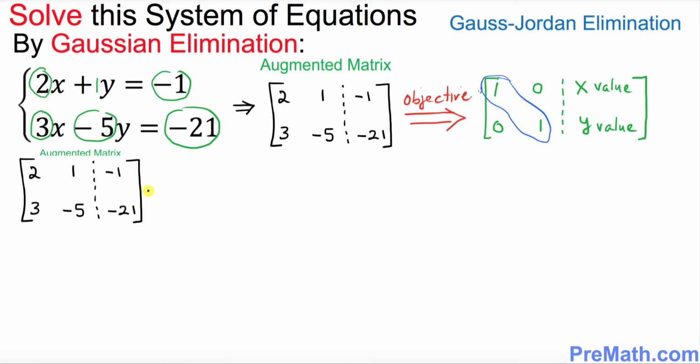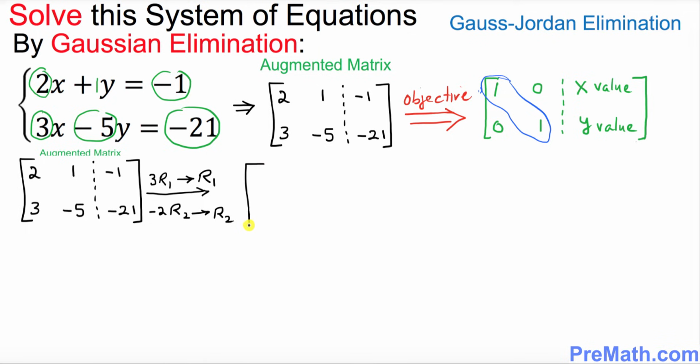To achieve that goal, we're going to perform some operations. The very first operation is, I'm going to multiply the first row, the top row number 1, by 3 and put it back on row 1, and at the same time I'm going to multiply the second row by -2 and put it back to second row.